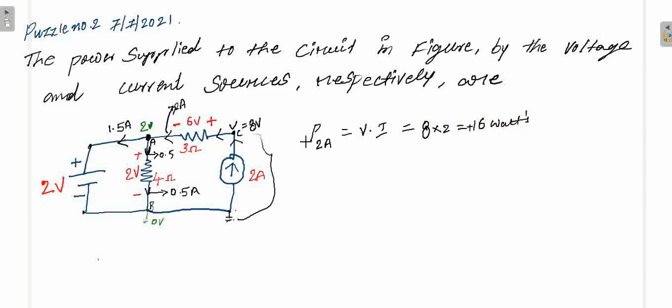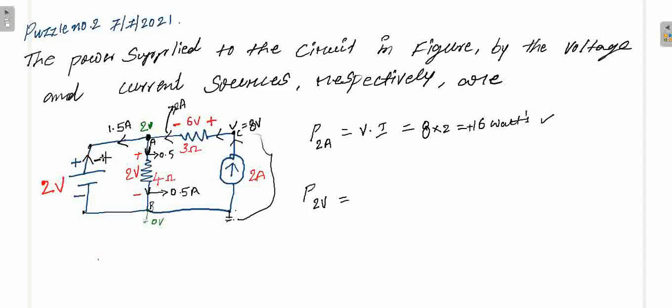Next, power supplied by 2 volts. So what is the passive sign convention? For voltage source, the current should leave from the positive polarity, but actually 1.5 ampere current is entering. Then how much amount of current will leave? That is minus 1.5 amperes. Can I consider like this? Yes.